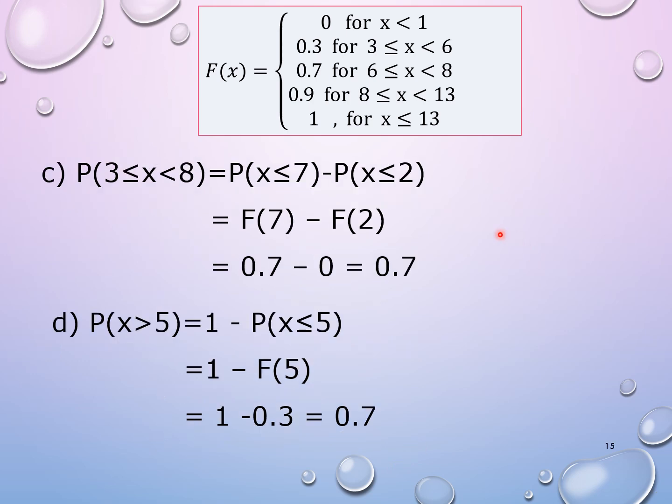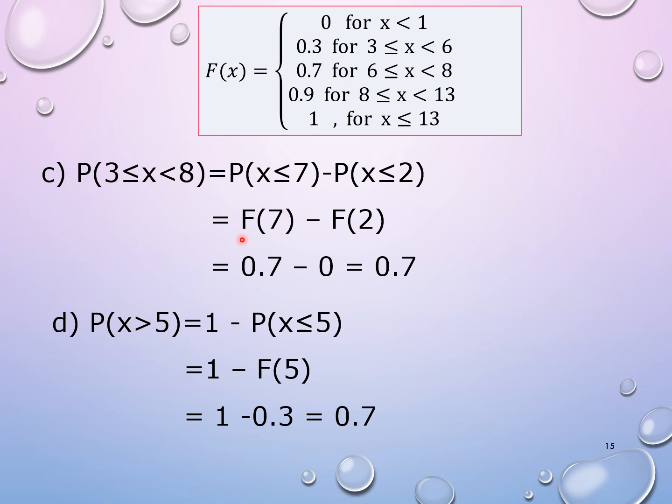Now we need to find probability x greater than or equal to 3, less than 8. It is equal to probability x less than or equal to 7, because this does not include 8, minus probability x less than or equal to 2. Remember to go one number slightly backward here. Since 3 is stated, you have to take 2.